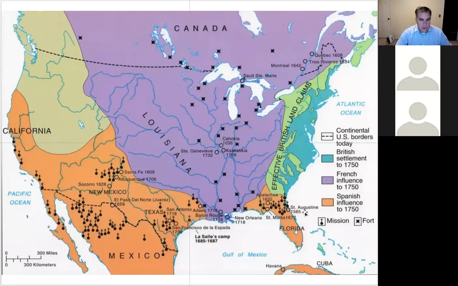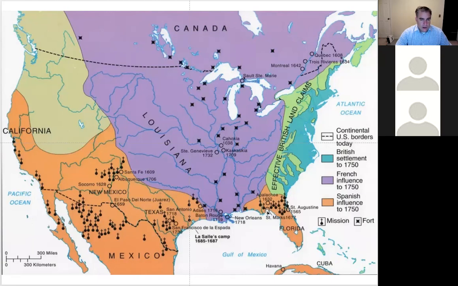When we refer to Spanish Florida, we're referring to really more than the present-day United States state of Florida, which has a panhandle, of course. The extent of Spanish Florida was even greater than what this map indicates.